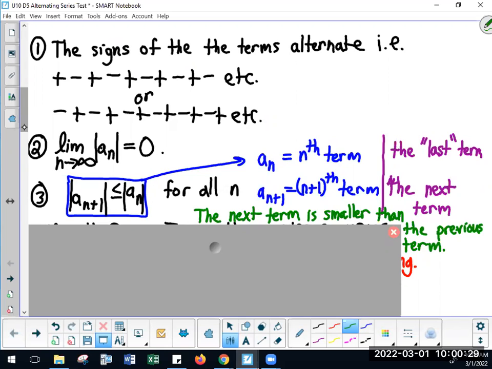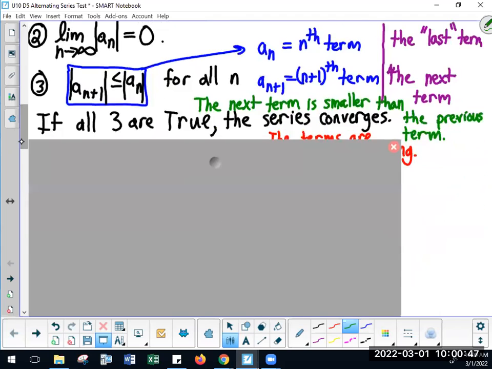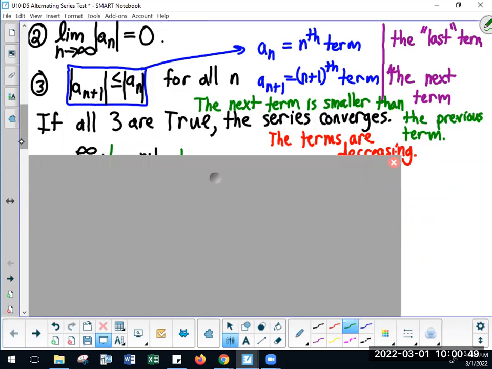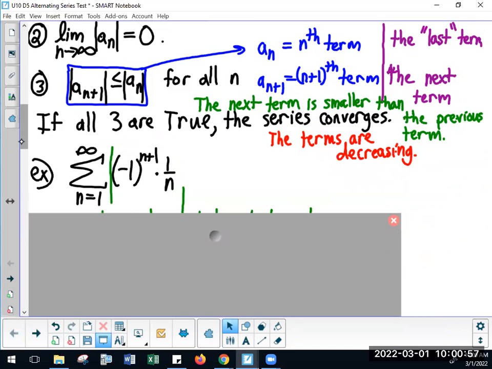We set up the situation, we apply the test, and then we explain what the result tells us about convergence or divergence. So make sure all three of these are true before attempting to do stuff, i.e. determine convergence. All right, so here's our first one.